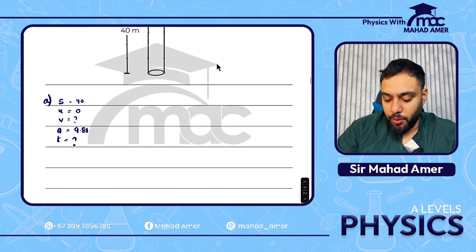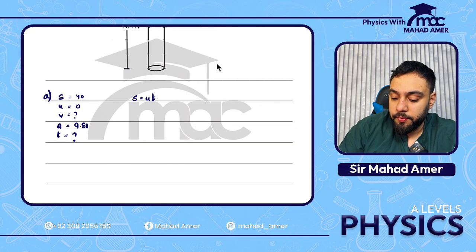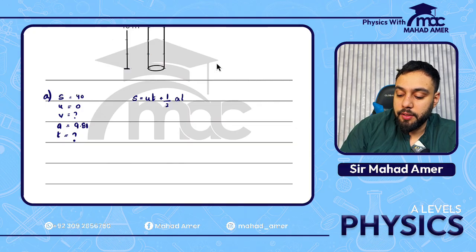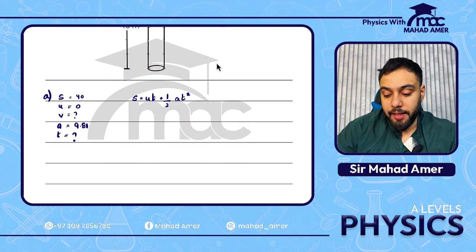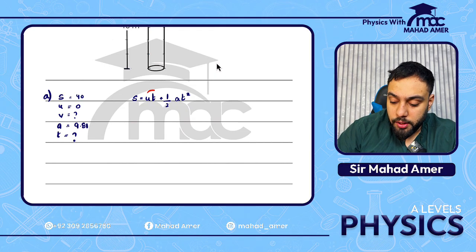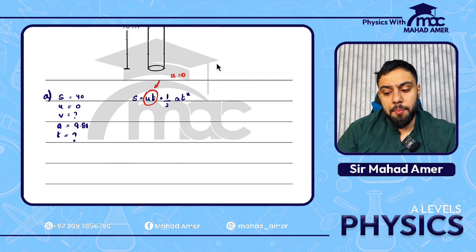Okay. So what I will be doing is S is equal to UT plus half AT squared. Now, there's a little bit more understanding to this. For all the equations in which initial velocity is 0, that means u is 0. So 0 multiplied by anything becomes 0.